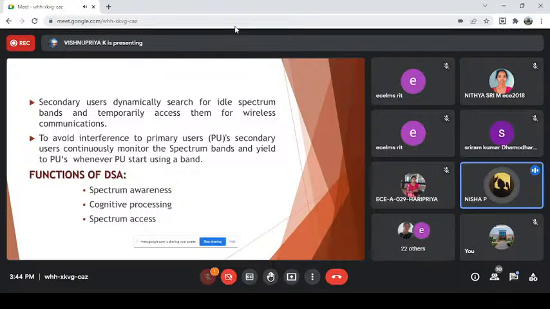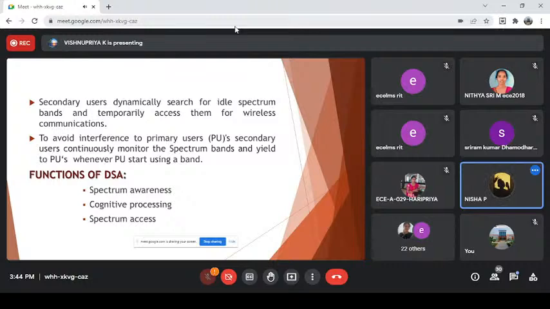The secondary users look for available spectrum bands in real time and temporarily use them for wireless communication. Secondary users continuously check the spectrum band to avoid interference with primary users and surrender the band when primary users start using it.